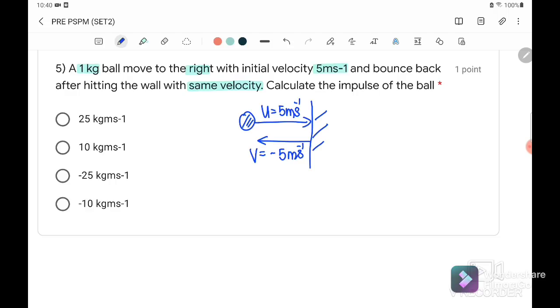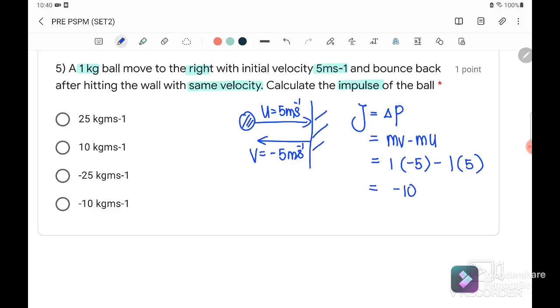We want to find the impulse. Impulse is equal to the change of momentum, mv minus mu. Here m is 1 kg, v is negative 5, and u is positive 5. Therefore, we get negative 10 kg meters per second.